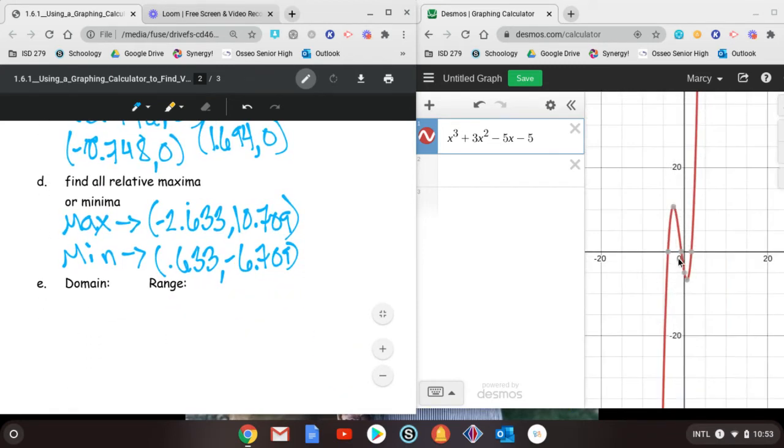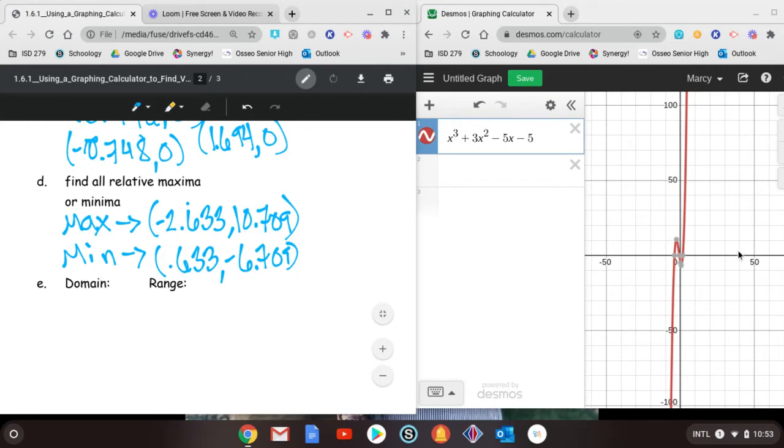Now I'm going to zoom out a little bit, and you see that the graph goes on forever and ever, okay? So there's arrows here and arrows down.